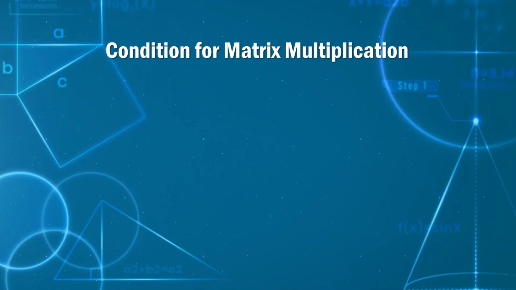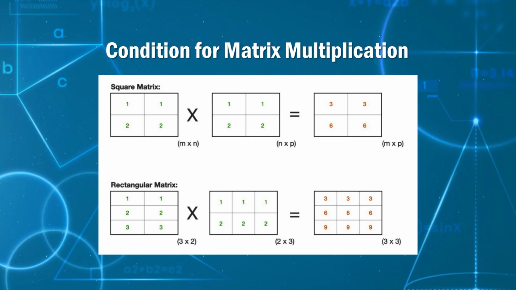Here you can see the conditions for matrix multiplication for a square matrix. Square matrix A and square matrix B both have dimension 2 cross 2. What will be the resultant value? Multiply the first row, 1 and 1, with the first column, 1 and 2. So 1 into 1 plus 1 into 2 is 3.